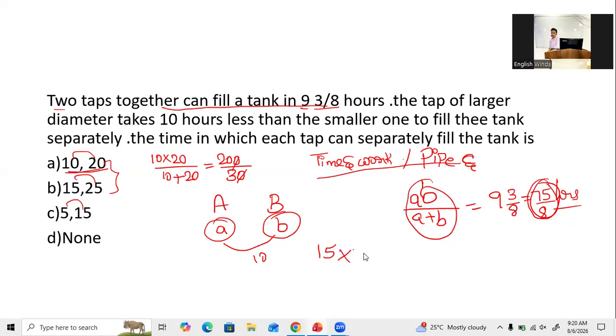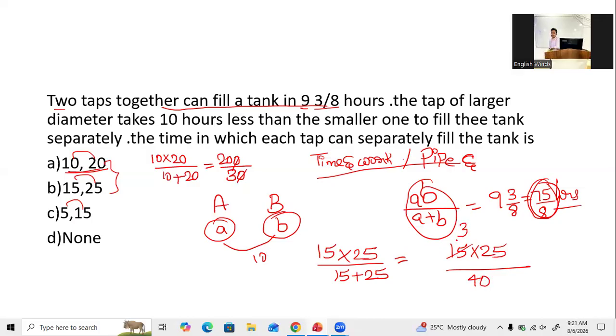15 into 25, by 25 plus 15, which will be 40.